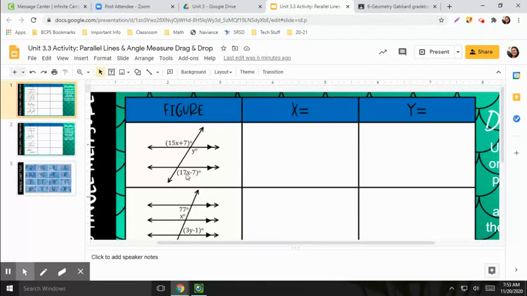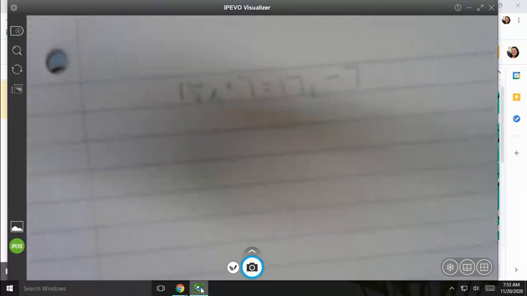So let's start with x, because we have 2 that have the x values. We're going to set that up to say 15x plus 7 is equal to 17x minus 7. We know that because these are 2 obtuse angles and they're congruent and they're going to have the same measure.